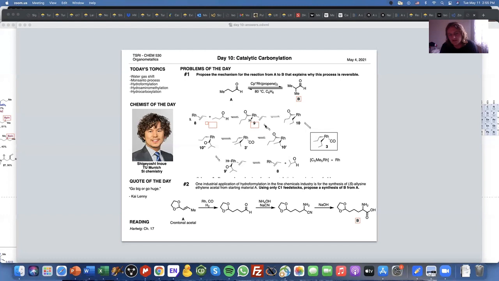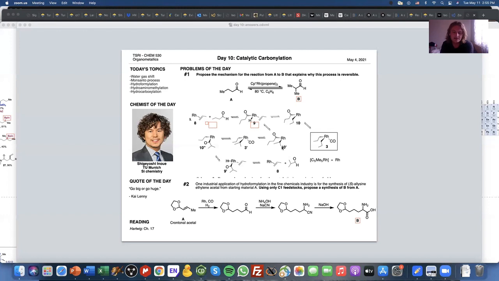So let's move back on cycle, and we go from 9 to 10 prime, where we insert with the opposite selectivity to give the secondary alkyl rhodium species. Now that we have the secondary alkyl rhodium species, you can imagine a variety of things. Well, for one, you could get direct CC reductive elimination.